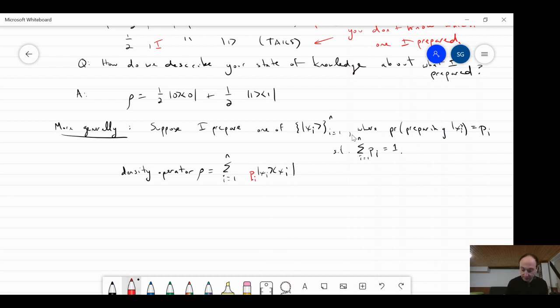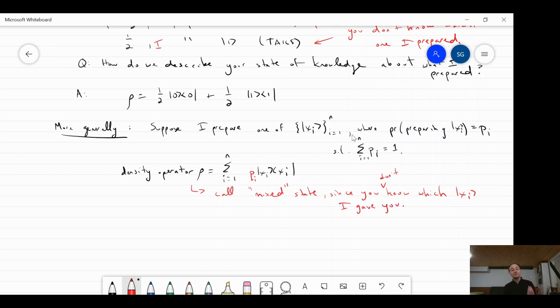We call these mixed states instead of pure, because you don't know which of the states psi i you have in your possession. If you knew what it was, it would be called a pure state.